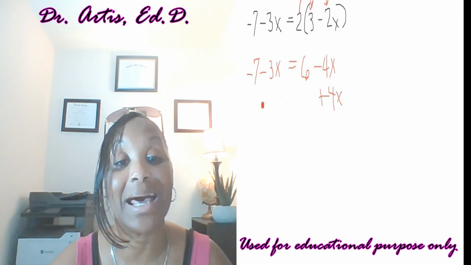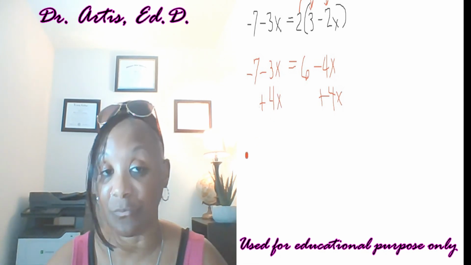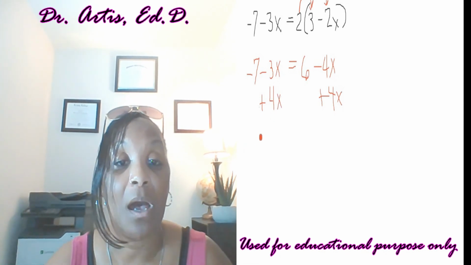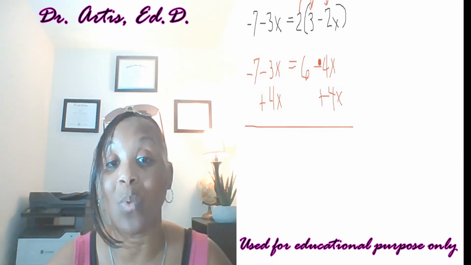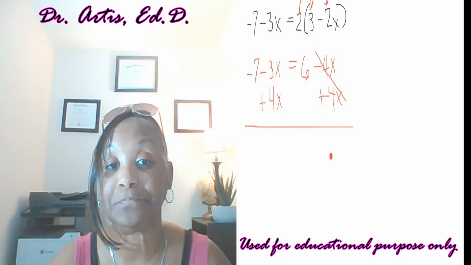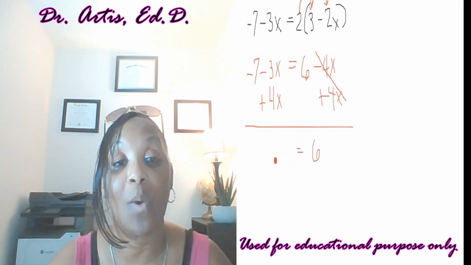What I do on one side, I have to also do on the other side. And this is going to allow me to have a positive x so that I won't have to get rid of any negatives. All right, so here, the 4x's will self-eliminate, leaving me with 6 on this side of the equation.